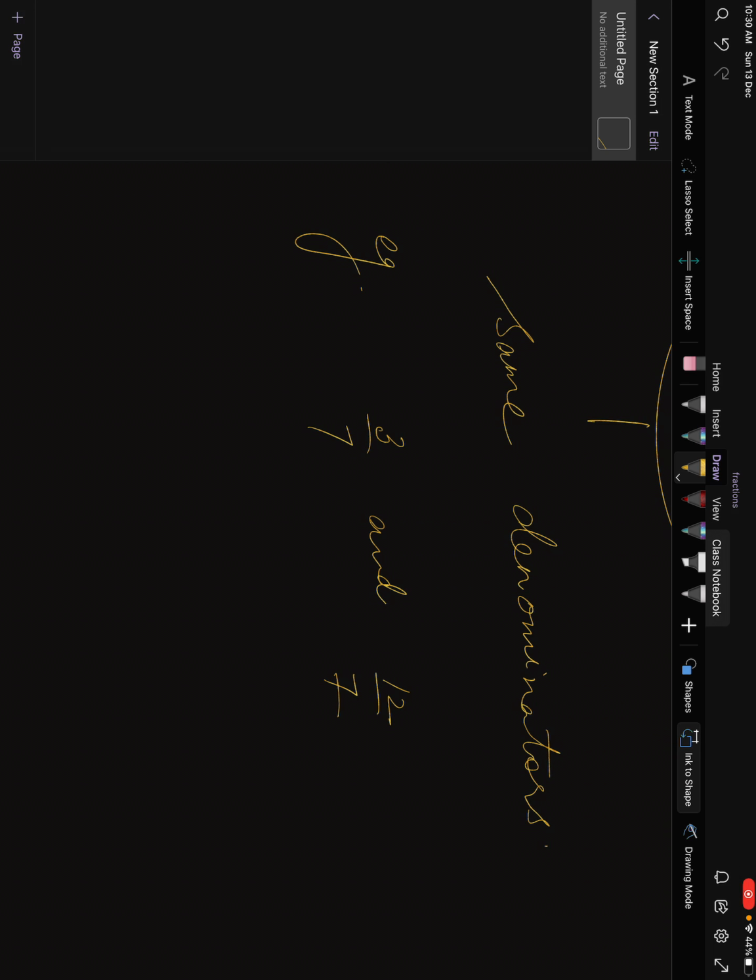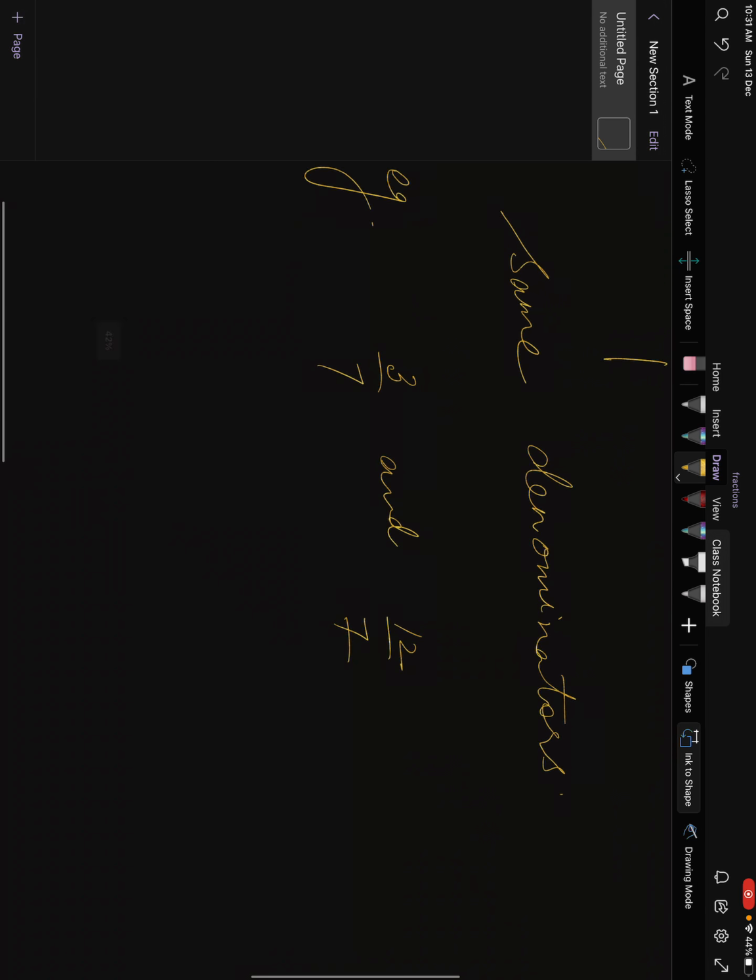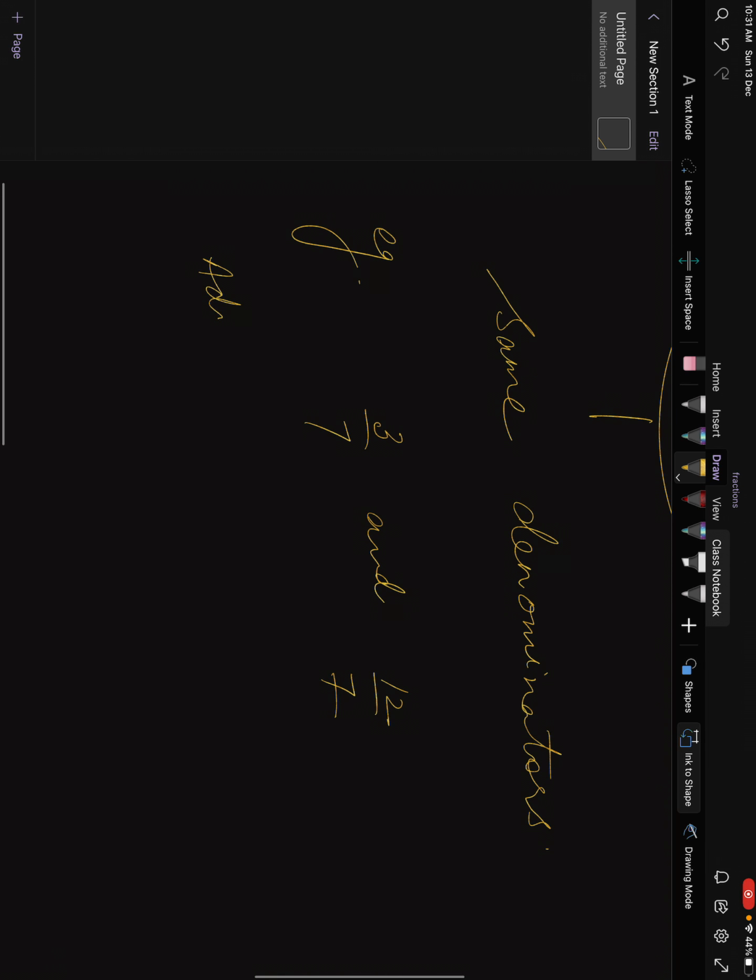So dear students, remember, whenever we are supposed to add or subtract like fractions, we can take the denominator to be the same as given in the two fractions, because both the fractions have the same denominator.